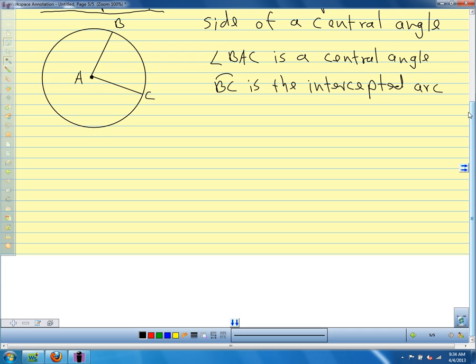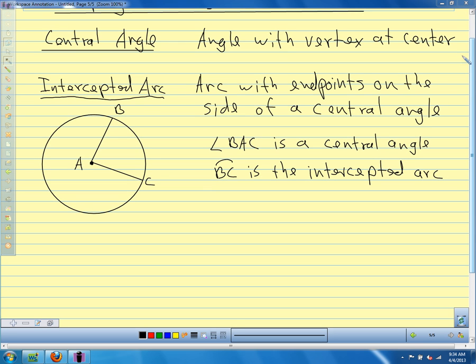All right, so we're going to use the central angle to measure our arc. The degree measure of a minor arc is the measure of the central angle.